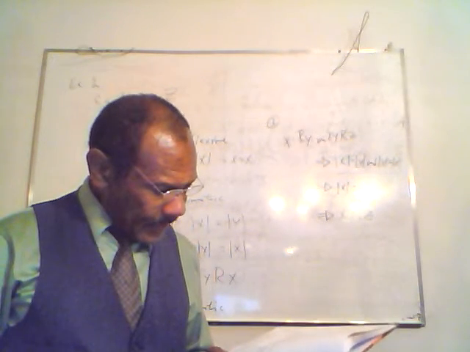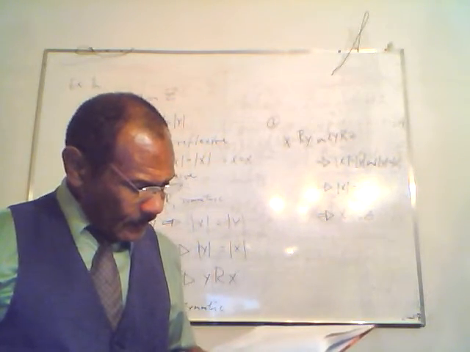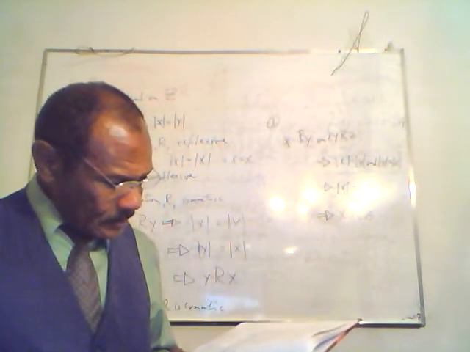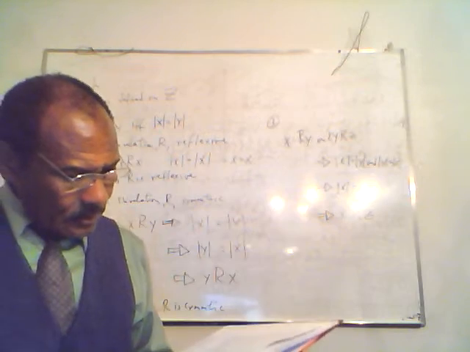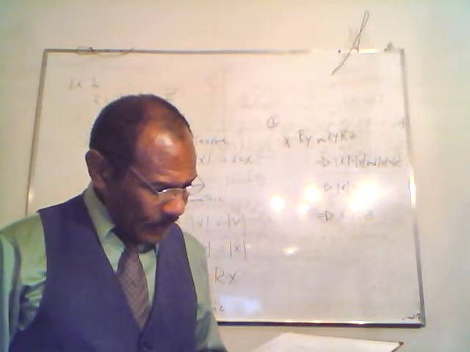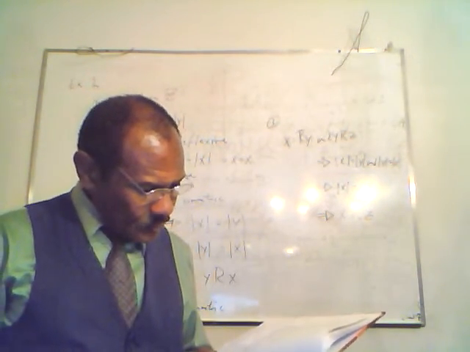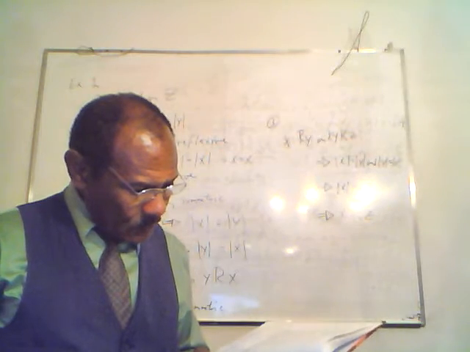We write x is identical to y mod 4, a shorthand for x is congruent to y modulo 4.